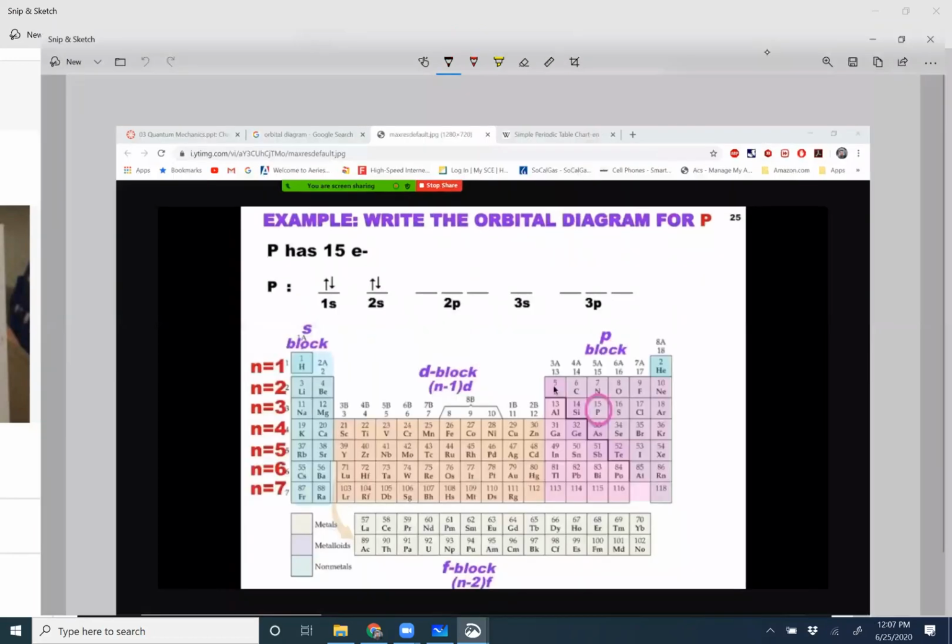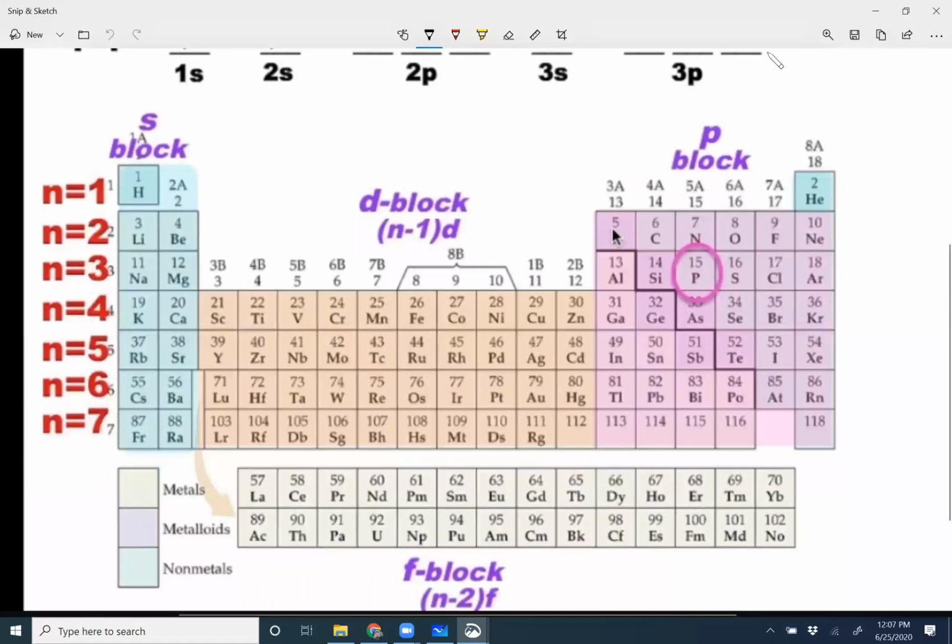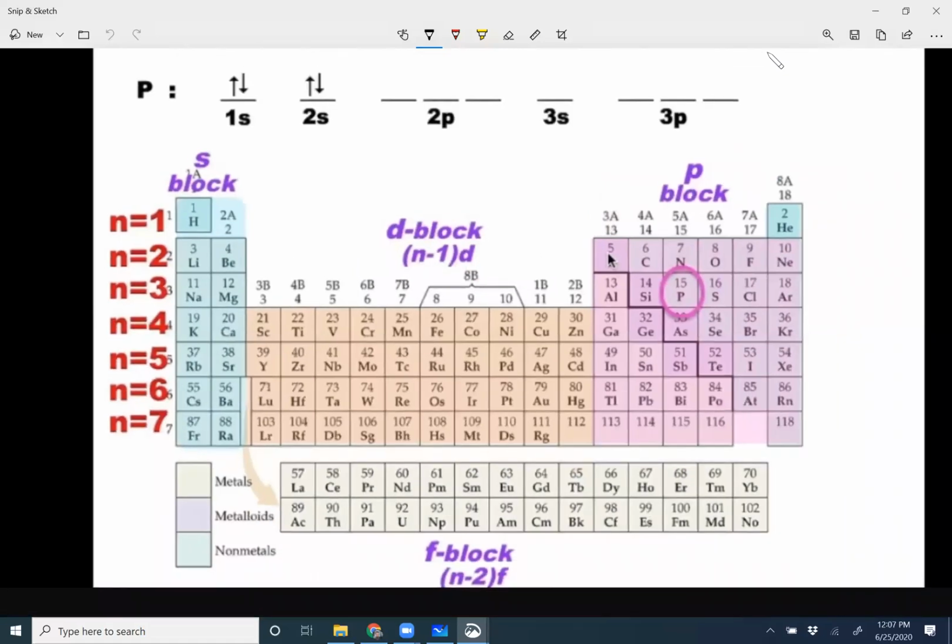All right. So if we look at the periodic table here, we can use the periodic table to write electron configurations. Each one of these rows here is the number 1, just like on the orbital diagram. So if we have hydrogen and we want to write its electron configuration, we're in row 1, we're in the S block, and we're in the first position, 1s1. If we want to do helium, helium is an exception because it's over here.